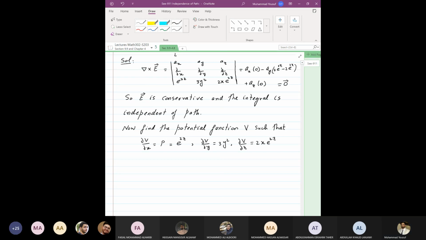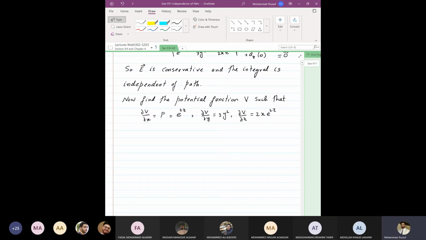Now, I will do those three steps which I showed you. So first, integrate with respect to x. So you get V of x, y, z equal to the integral of e power 2z, which will be x e power 2z, with 2z as a constant. So the integral is x e power 2z plus a function of y and z.